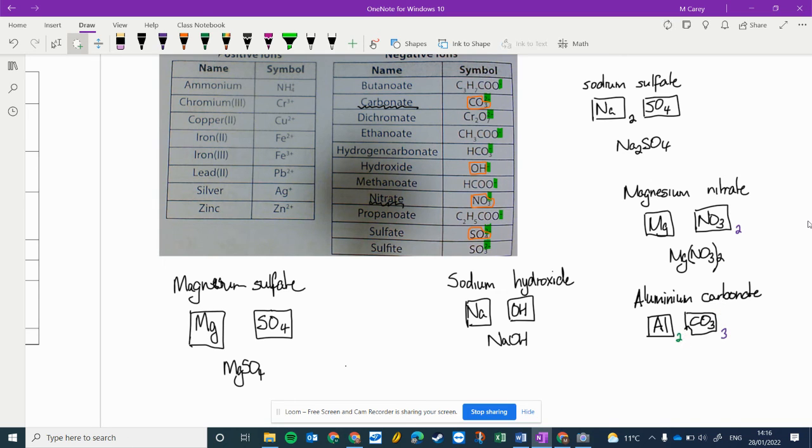And then again, because we have more than one carbonate, we have 3, we're going to have to use a bracket. So we're going to have Al2. It doesn't need a bracket because it's just a single element. And then we need CO3, 3, and we need to separate that all out like that. So that's the formula of aluminium carbonate.